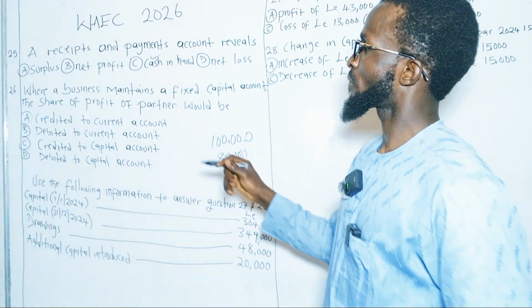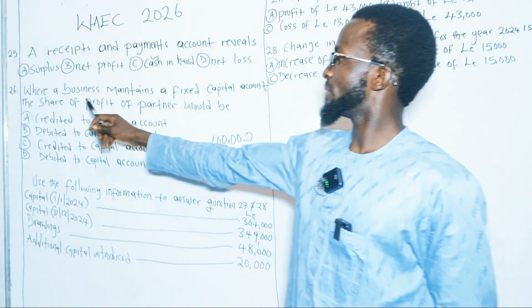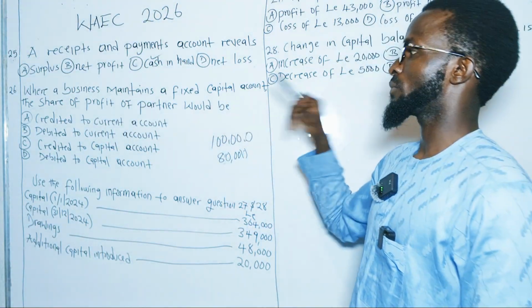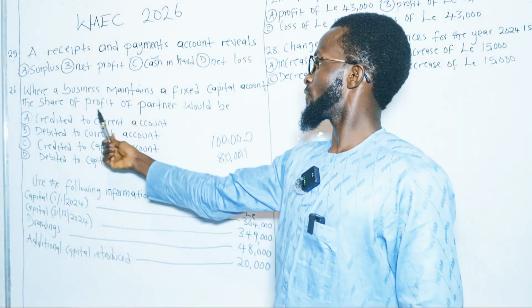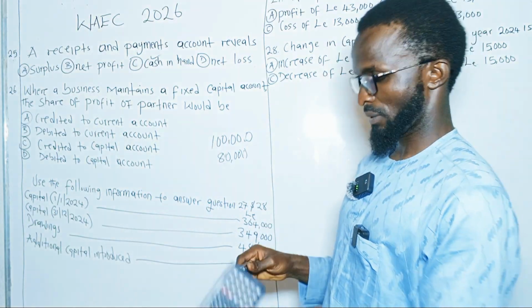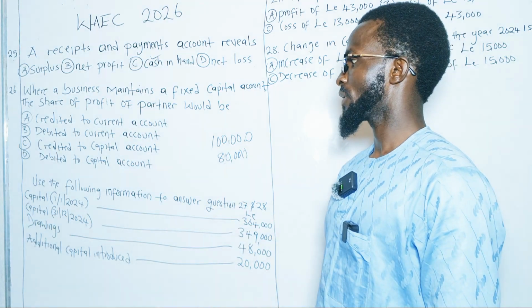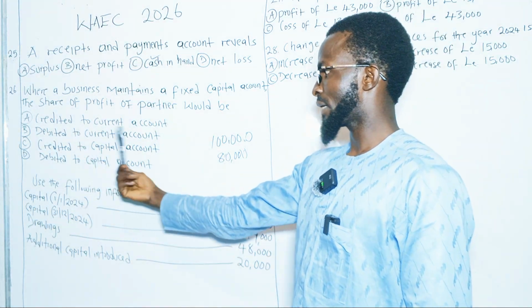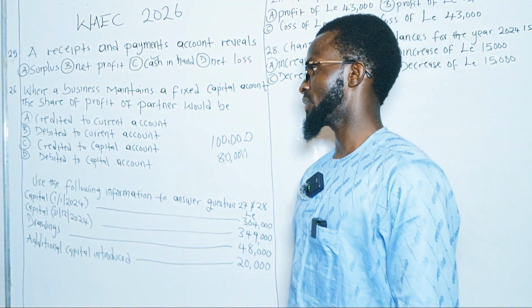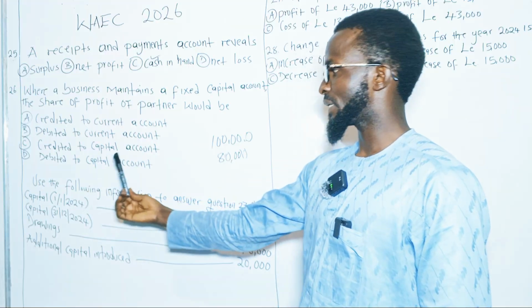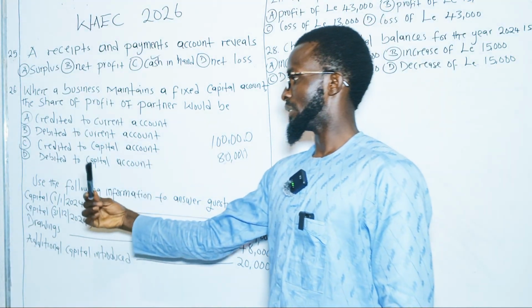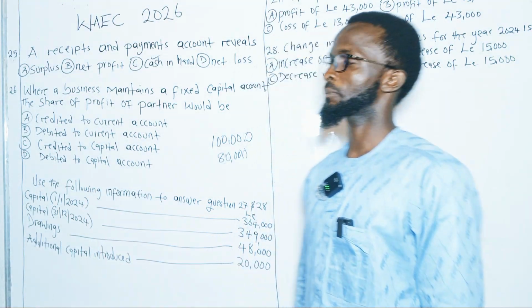Okay. Where a business maintains a fixed capital account, the share of profit of partner would be A, credited to current account, B, debited to current account, C, credited to capital account, D, debited to capital account.